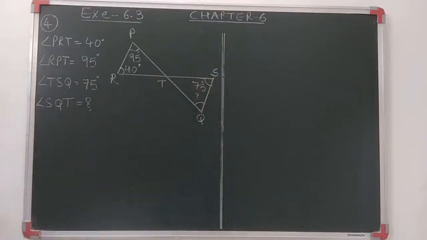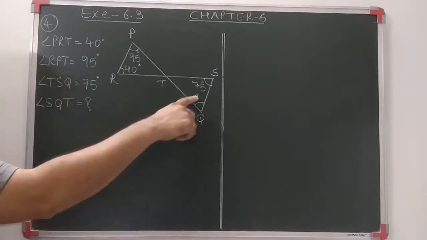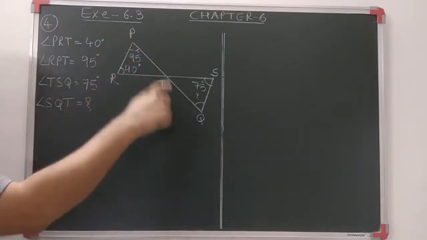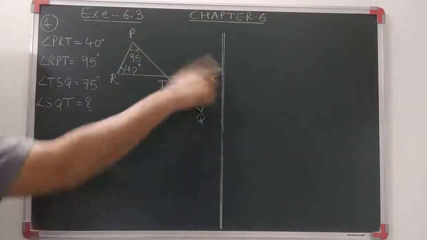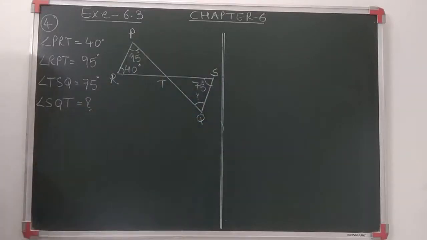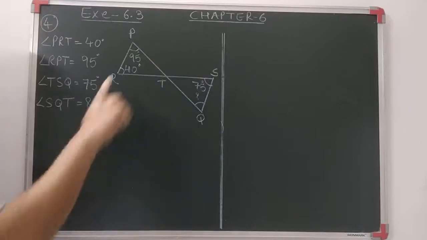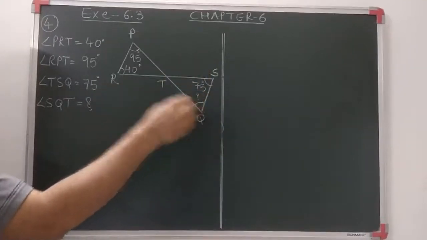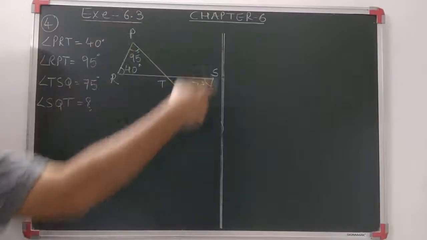Now remember students, I observe many students write this value as 95 because they say that RPT and TQS are forming a pair of alternate angles. You should understand, this is a pair of alternate angles, this and this angle, but these two lines are not given as parallel, meaning PR and SQ are not given as parallel. So whenever lines are not given as parallel, a pair of alternate angles cannot be equal. Alternate angles are forming, but these two lines are not given parallel.